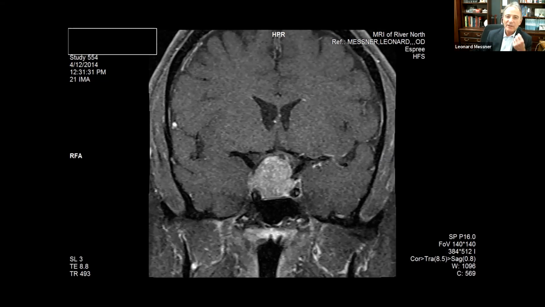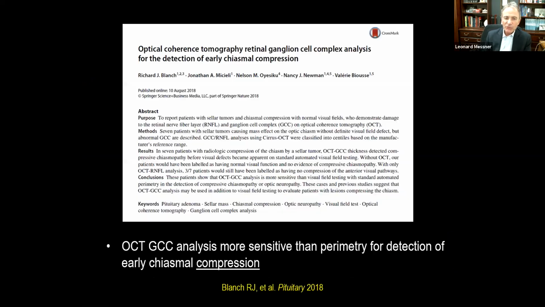So what is the significance of binasal ganglion cell or ganglion cell complex thinning in the setting of a chiasmopathy? Well, this was first brought to light several years ago by the Emory group and reported in Pituitary, where they found not only this ganglion cell thinning as being a highly reliable sign of a chiasmopathy, but being more reliable than visual field testing, particularly for individuals with early disease.